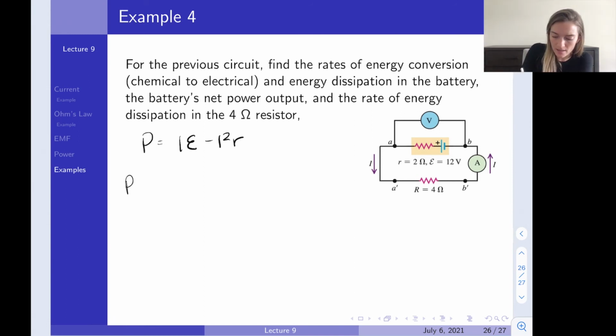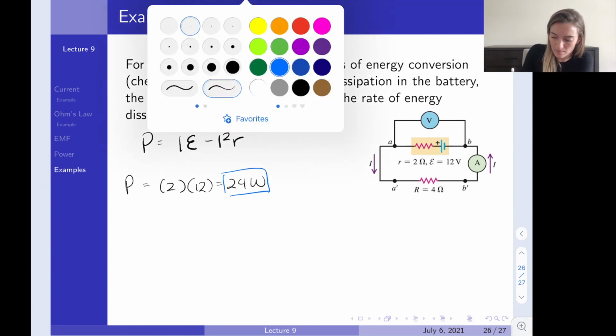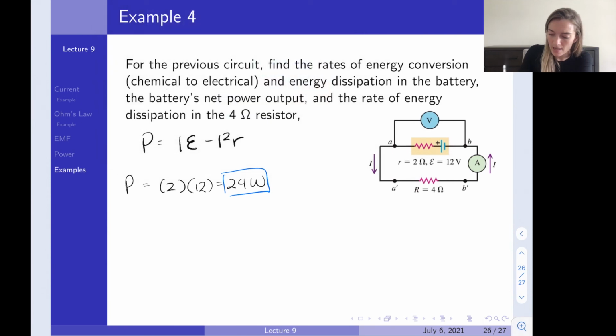That energy conversion is just the current through the battery, which is 2, times the EMF supplied by the battery, which is 12. So that gives us 24 watts. Now, when they say the energy dissipation in the battery, let's call these P1 and P2 maybe. The rate of energy dissipation in the battery is how much energy is being lost per second in the battery itself to that internal resistance.